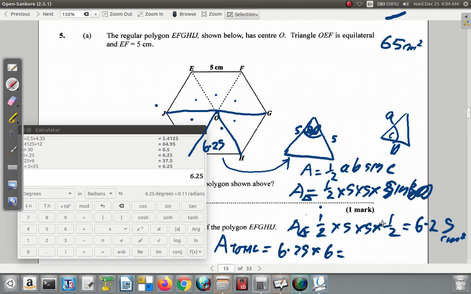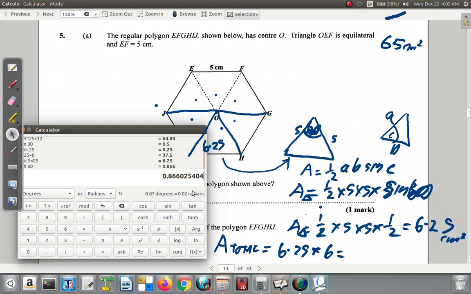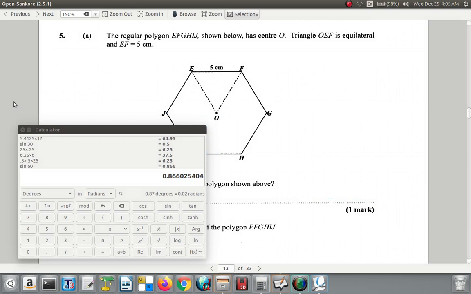It should be instead of 30. So in this case, instead of finding sine 30, what you would have found was sine 60, right? 0.866. So this number at the end would not have been half. It would have been 0.866.